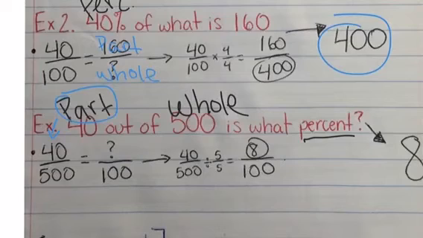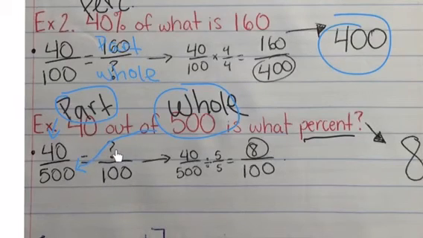And since we have the whole, which is here, we know that the ratio is part to whole ratio. We have 40 over 500 because it's the part to whole ratio. And we set that equal to a fraction over 100 because remember, percent means per 100. This fraction bar means per, and cent means 100.